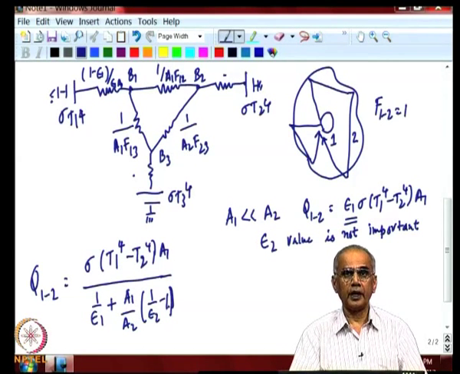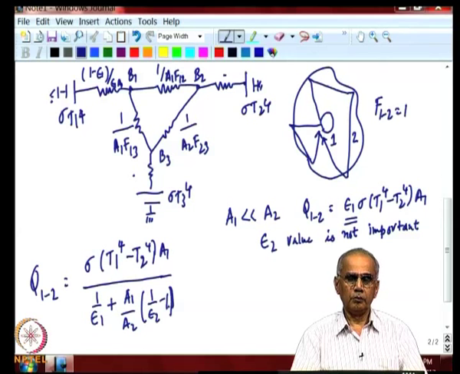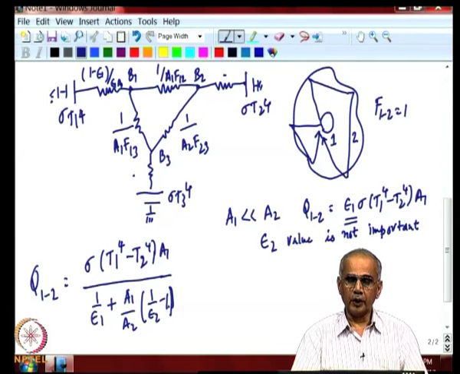So, this is a very useful result to have, which means we need not really worry about the exact value of epsilon 2 or the emissivity of the room, and essentially it means we can treat the room as a black body. This is because any radiation leaving 1 ultimately is absorbed by 2 at some point, okay, either directly out of 1 or by multiple reflection. So, as far as surface 1 is concerned, surface 2 is effectively a black body.